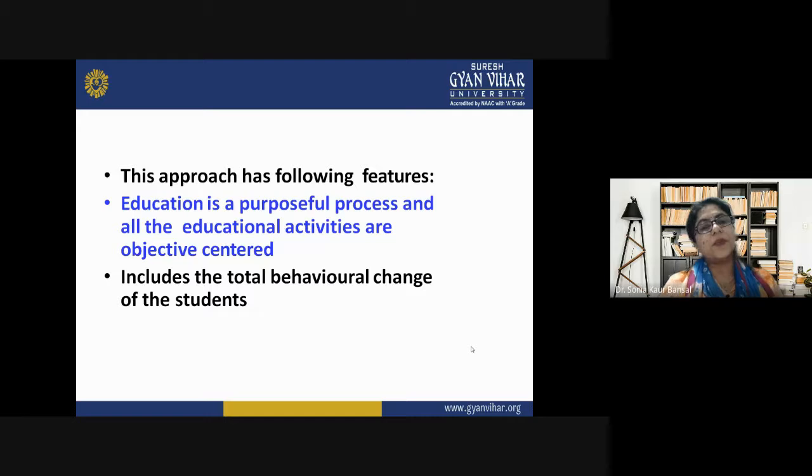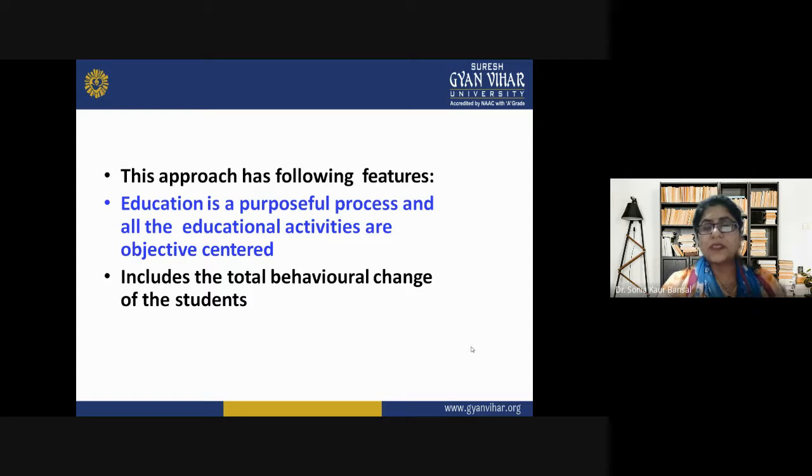Moreover, this approach has the following features, which you must remember: education is a purposeful process. It is not a useless process; whenever you are teaching and learning, the teaching-learning process is purposeful and all the educational activities are objective centered. Even if we plan a little activity, suppose the recitation of a poem by the student, it is very useful and includes the total behavioral change of the students.